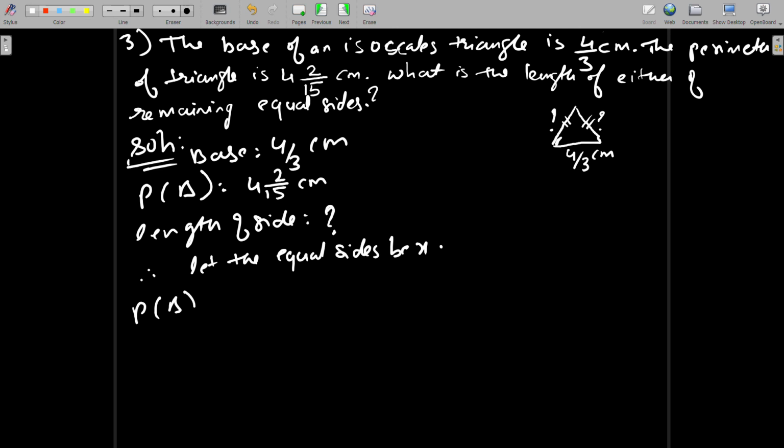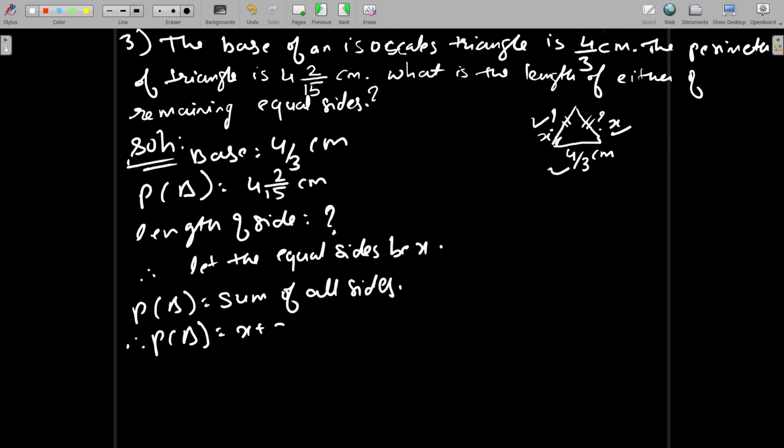Perimeter of triangle is equal to sum of all sides, right? Sum of this one, sum of this one, and sum of this one. This is your x, this is your x, and this is 4 by 3 centimeter. Therefore perimeter of triangle is equal to x plus x plus 4 by 3.